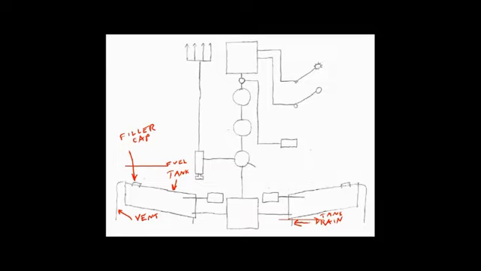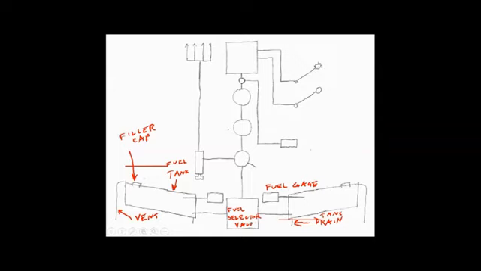And we have a fuel gauge. And we have a fuel selector valve. Fuel, see if I can make that all fit. Selector valve. And on the fuel selector valve, we have right, and we have left, and we have off.